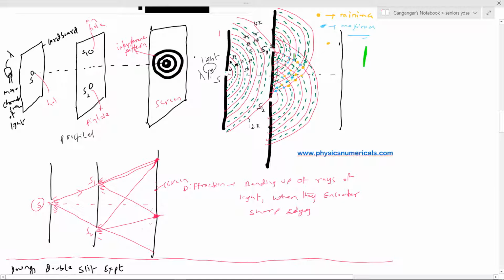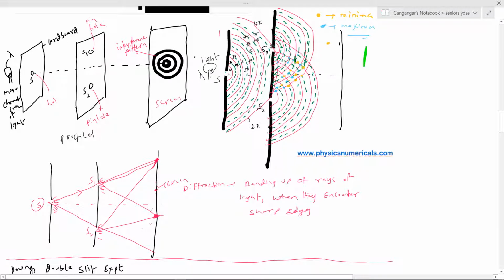The blue colored dots represent the maxima. What about the yellow colored dots? They represent minima. Where the path difference equals n lambda we get maxima, and where the path difference is lambda by 2, 3 lambda by 2, 5 lambda by 2, there will be destructive interference.